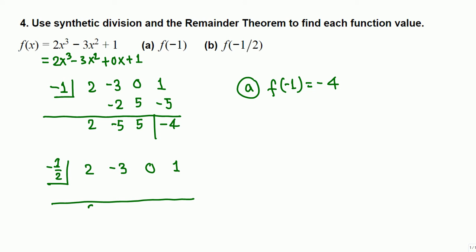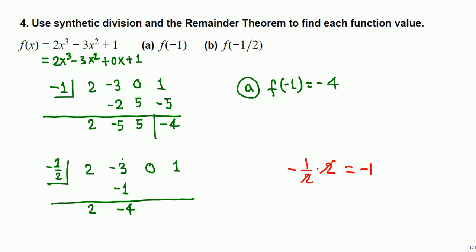Bring this down over here, multiply these two numbers, -1/2 times 2. The 2s cancel, so we get -1. -3 minus 1, when we add we get -4.